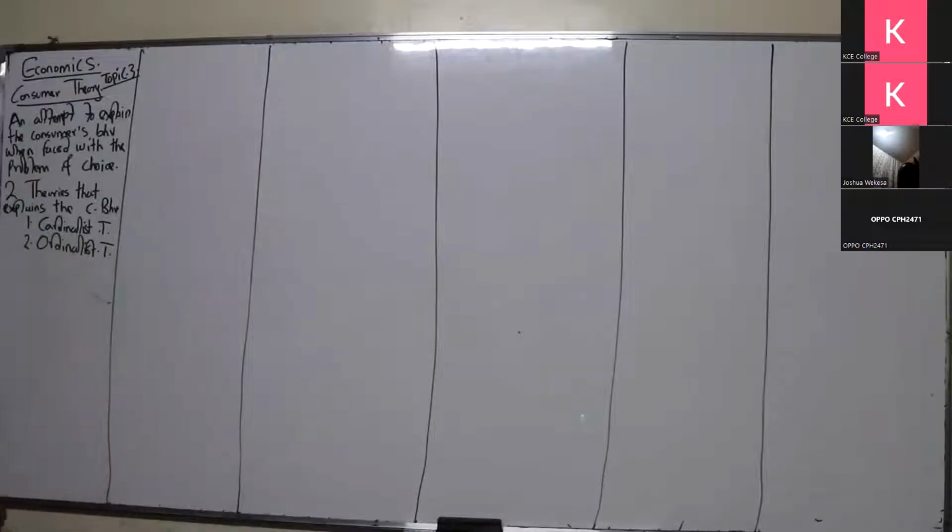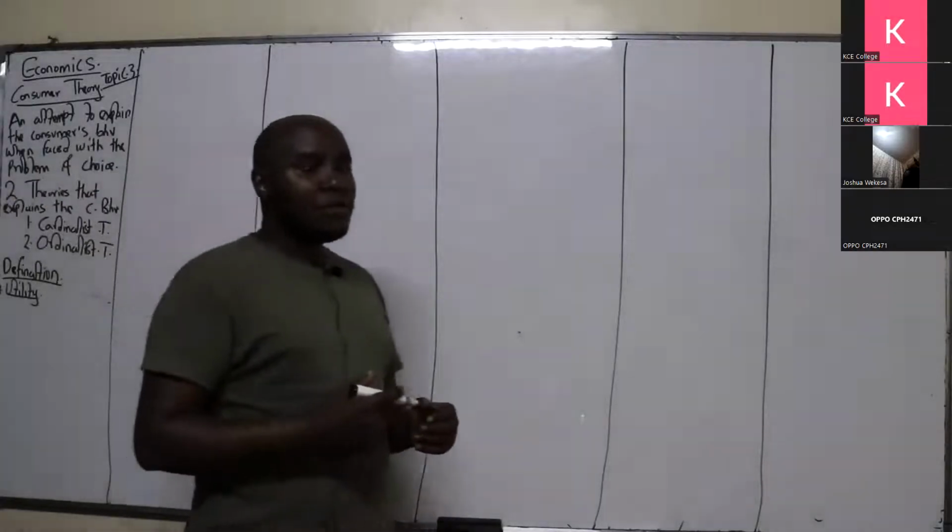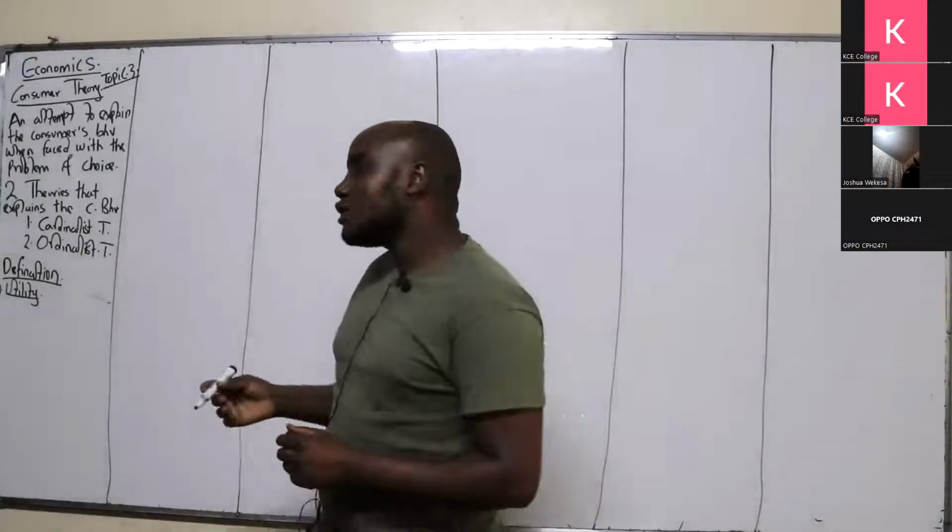But before we go there, we can have some definitions of some of the terms that we shall be using. Number 1 is called utility. Utility is that satisfaction that is derived from the consumption of a certain commodity.